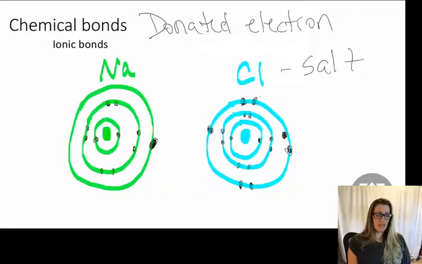Neither of them have the full complement of electrons to make that layer stable, but sodium, having only 1, if it comes into contact with chloride, which has 7, what it's going to do is it's going to donate that electron. And remember, electrons are negatively charged. Negative.